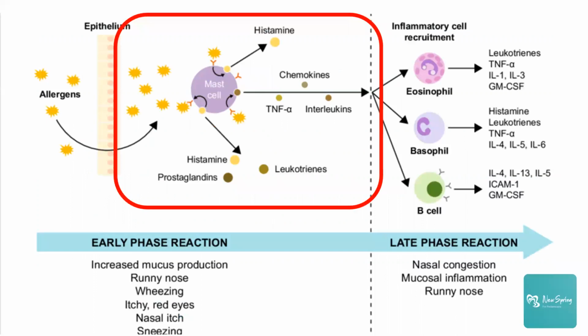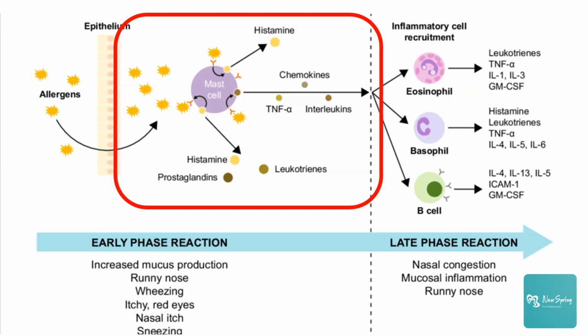If you look at this picture, we can see the allergen exposed to the nasal mucosa, and the mast cells with the IgE-specific particles on them undergo degranulation, releasing chemokines, histamines, TNF, interleukins, prostaglandins, and leukotrienes. Chemokines, tumor necrosis factors, and interleukins also aid in the late phase or delayed phase reaction.